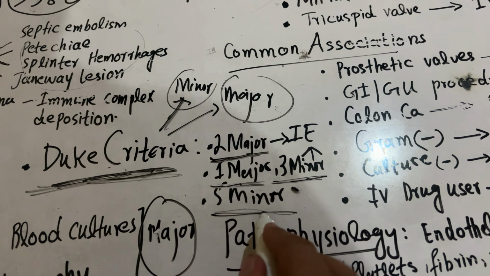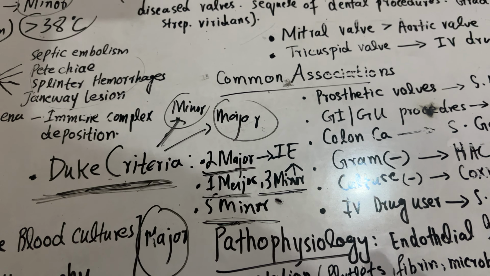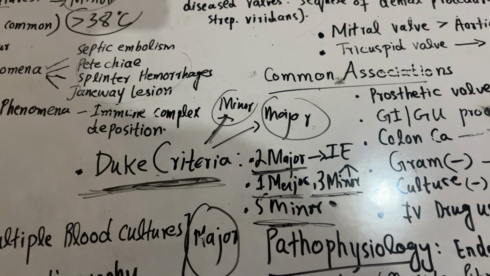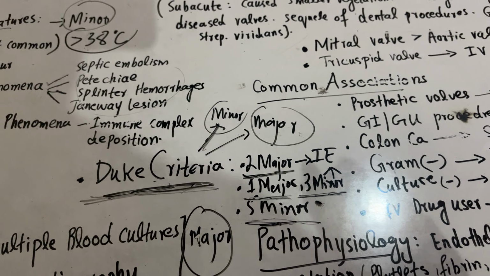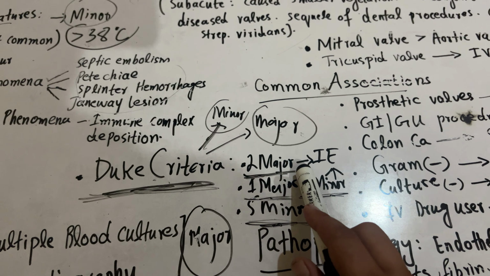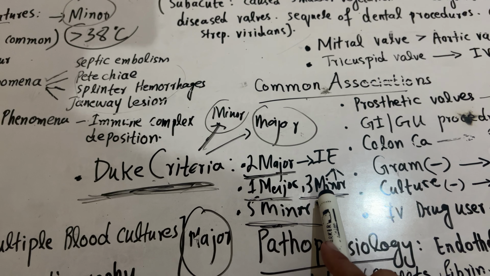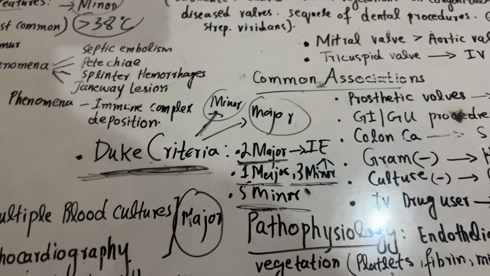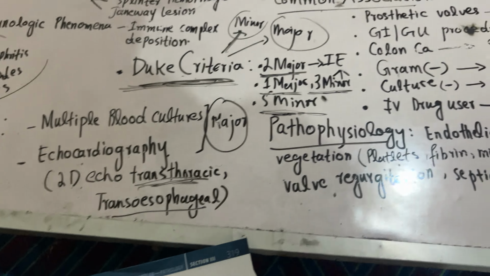And five minor criteria is also infective endocarditis. So the Duke criteria is the clinical criteria for diagnosing infective endocarditis: two major criteria, one major and three minor criteria, or five minor criteria. Okay, so this is about infective endocarditis.